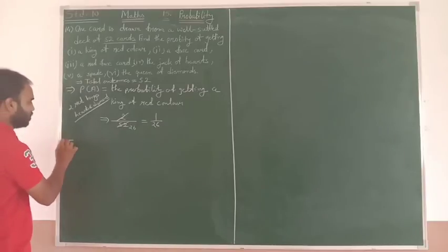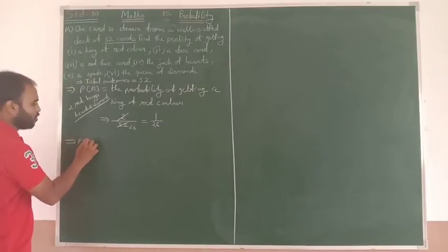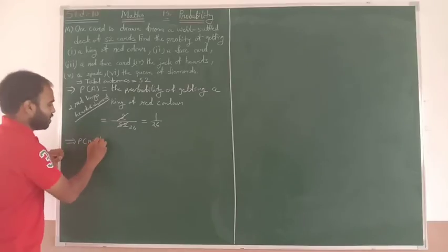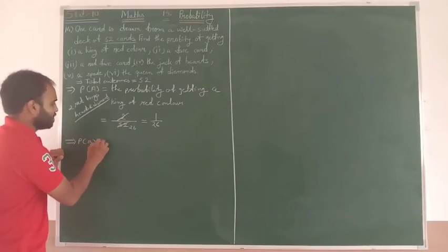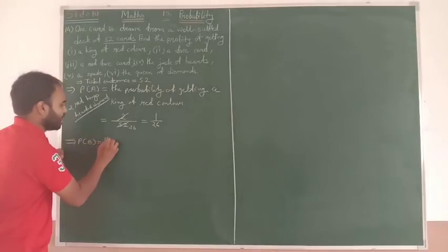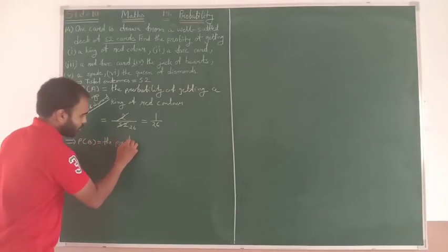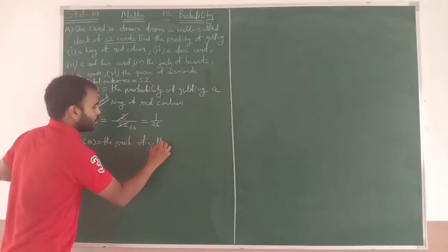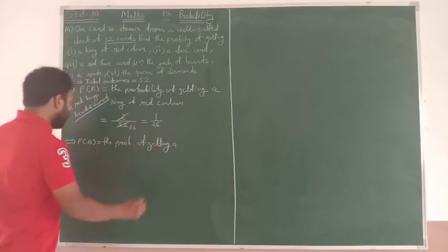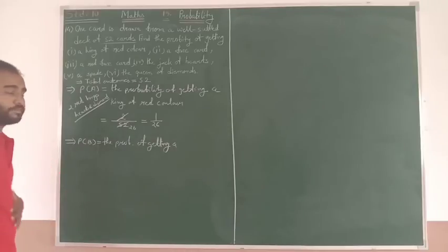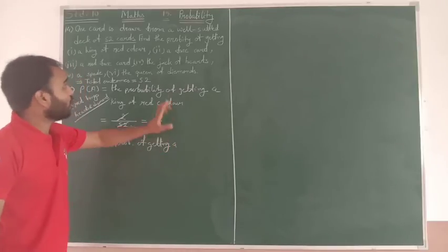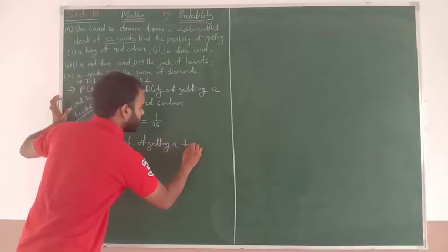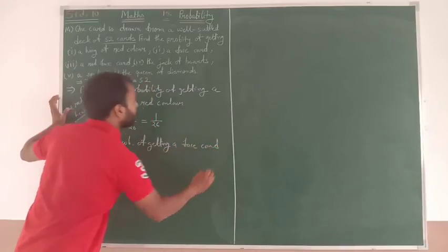Now the next one, that is P of B, the probability of getting a face card.